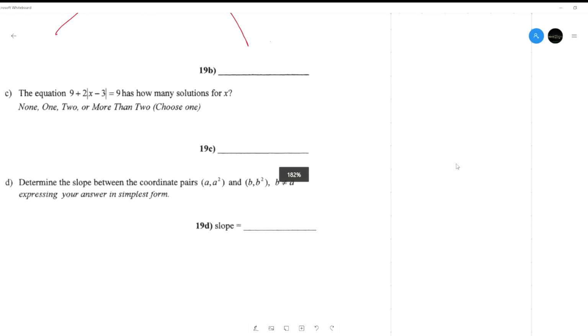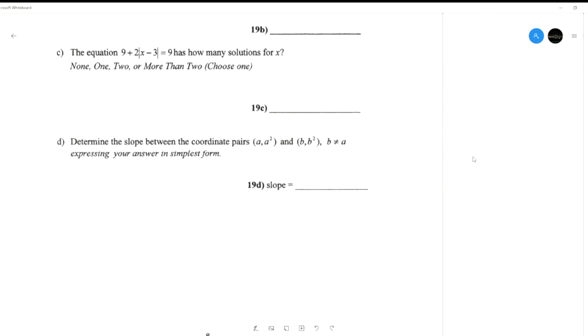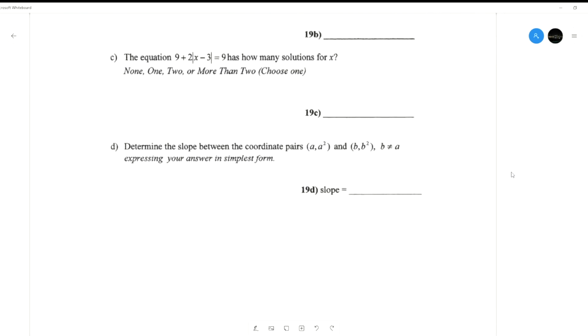Here we go. We have over here the equation. Oh, sorry. Let me move this a little bit here. Okay, the equation 9 plus 2 times the absolute value of x minus 3 is equal to 9 has how many solutions for x? So this is basically asking you to solve it, but they don't want the solution itself. They just want to know how many, right? That's kind of weird, right? But first thing you need to do is get the absolute value by itself, right?